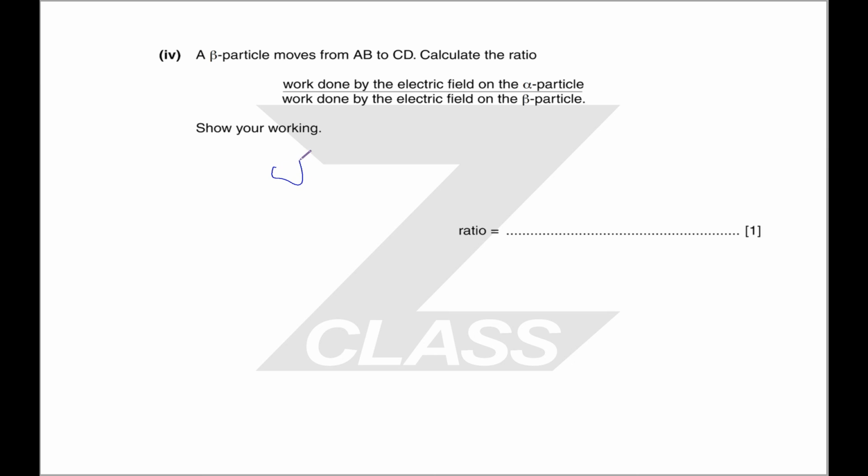We've just said that. If our work is proportional to our charge, a beta particle has a charge of minus e. It's got half the charge, you're going to do half the work, and so our ratio is going to be 2 to 1. Technically, it's going to be minus 2 to 1, but the amount of work done should be, so the ratio should be 2.